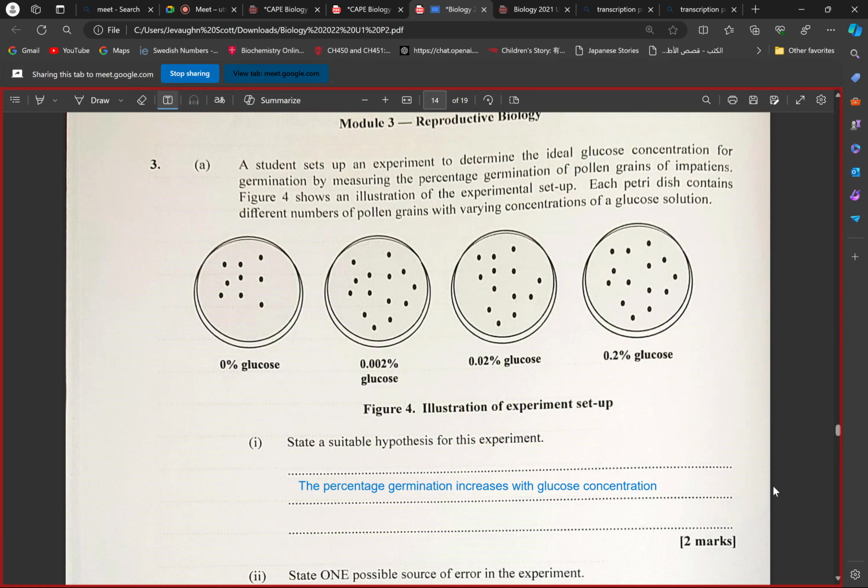what would be the independent variable generally? What is an independent variable? What is changing in the experiment?